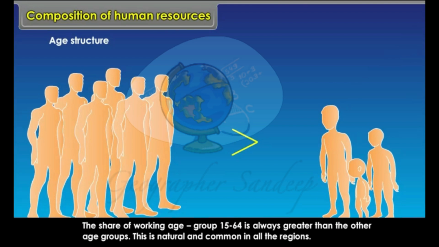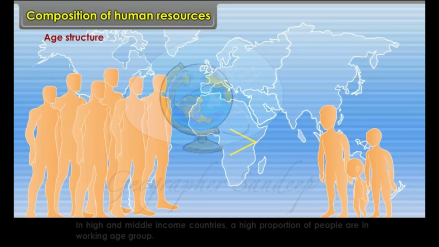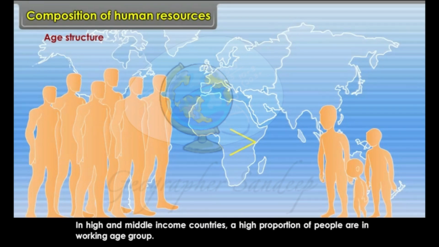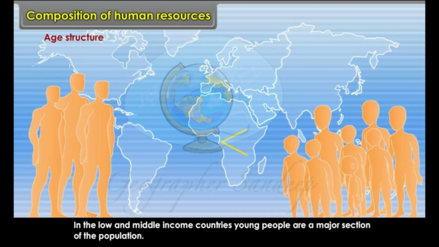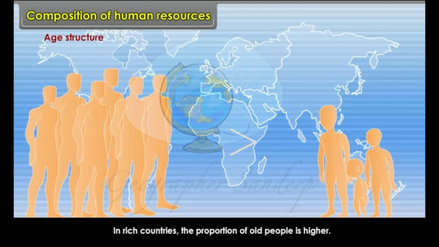This is natural and common in all the regions. In high and middle income countries, a high proportion of people are in working age group. In the low and middle income countries, young people are a major section of the population. In rich countries, the proportion of old people is higher.